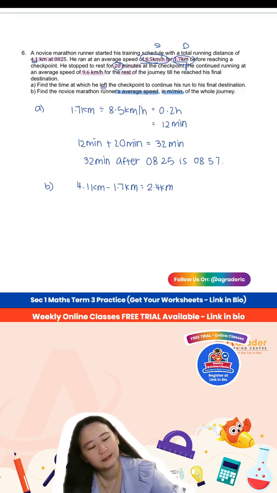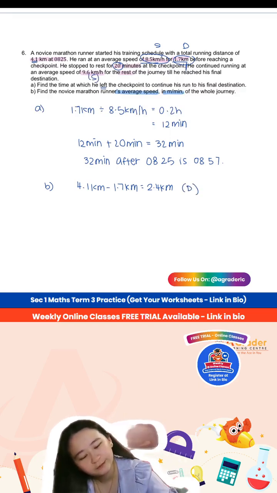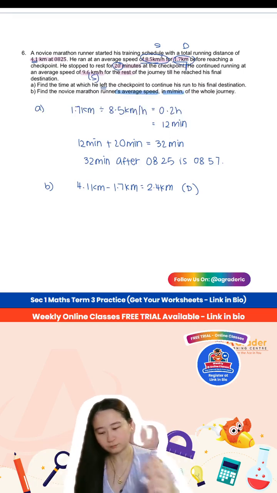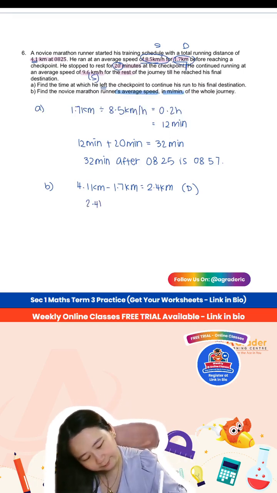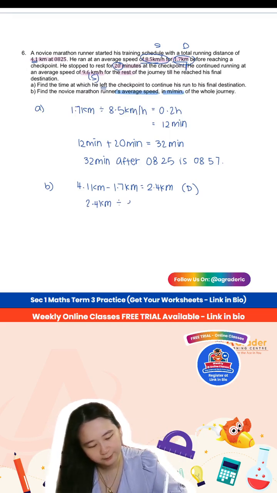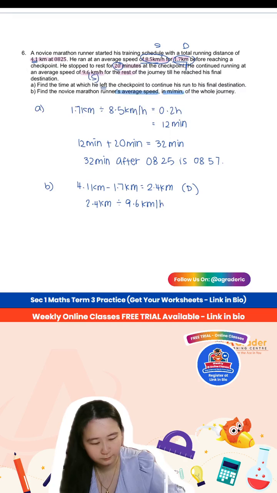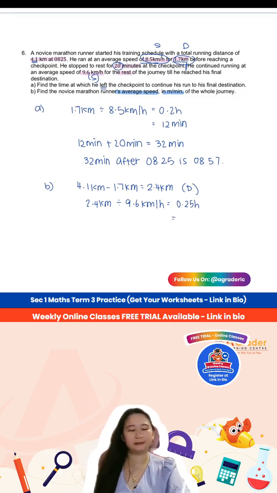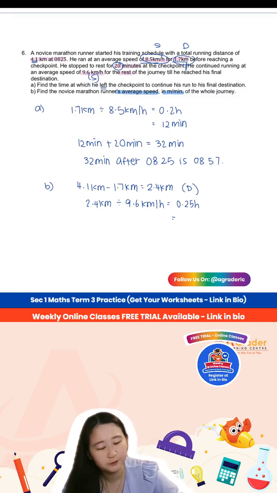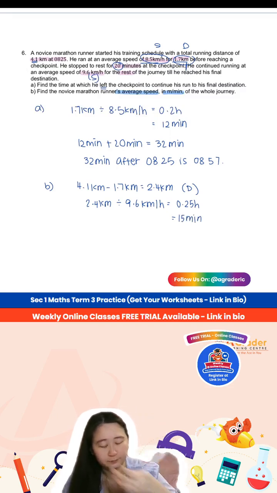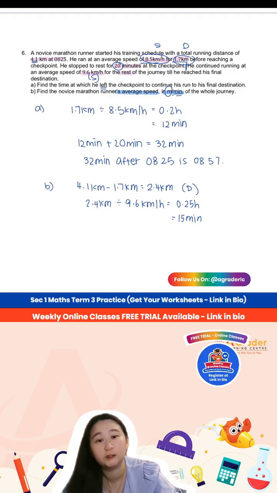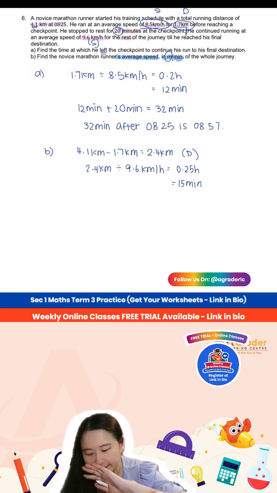And so this is the distance and we have the speed here, so we can find the duration he took for the rest of the journey by taking the distance divided by the speed. So we have 0.25 hour, then we multiply by 60 to find the number of minutes, so it's 15 minutes. So you can see your duration is already in terms of minute. What we need to change is just the distance.